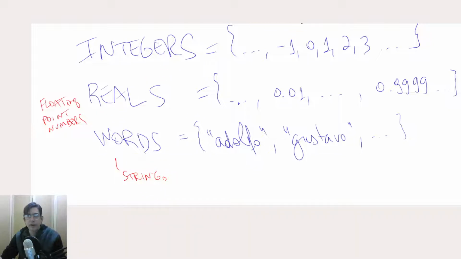But the point here is, why is it important to have these as types? Because there are some functions that can only be applied to integers, some other functions that are applied to reals, and every integer is a real number. And there are functions that make no sense when applied to integers, but make sense when applied to words or strings.